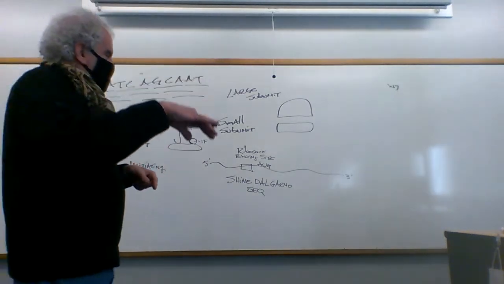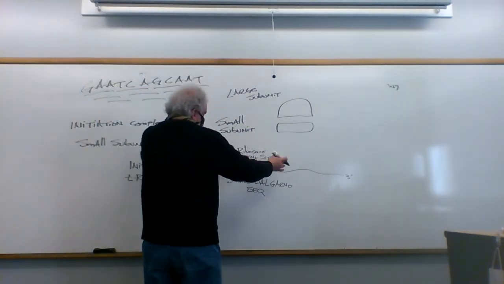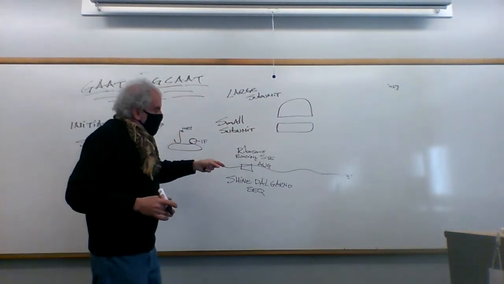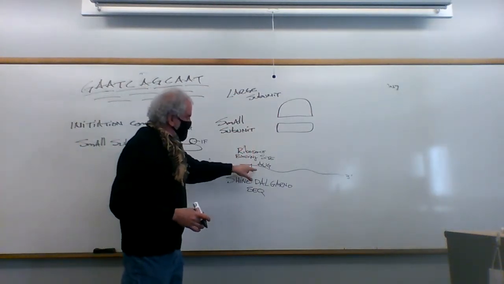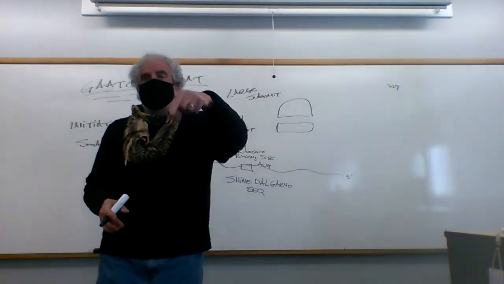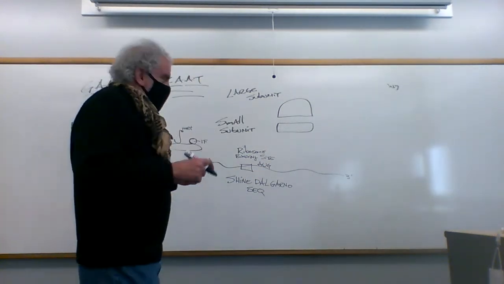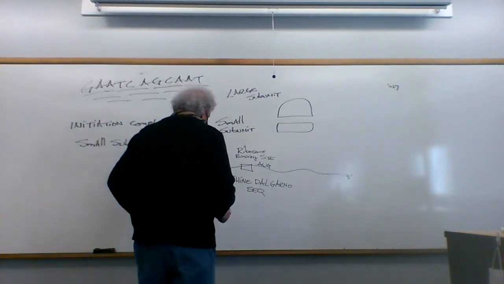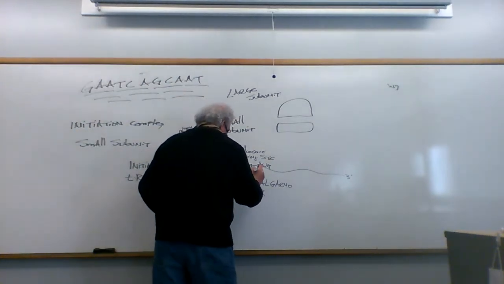Now, just as a little point, you might have AUGs scattered around just by chance, but if they're not in the appropriate context right next to the ribosome binding site, they're not the AUG that is considered. So, the small subunit binds here, sets up shop.